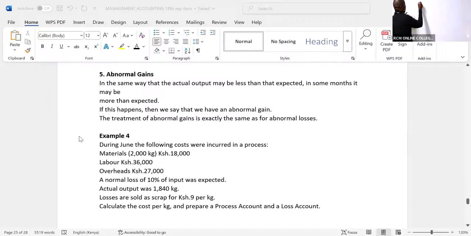So we have a process account. We have description, units, cost per unit, value.